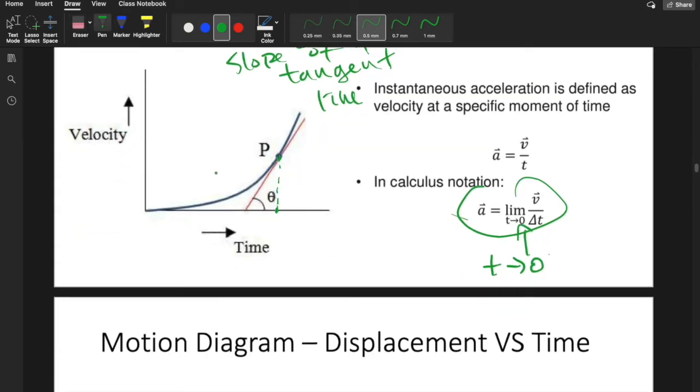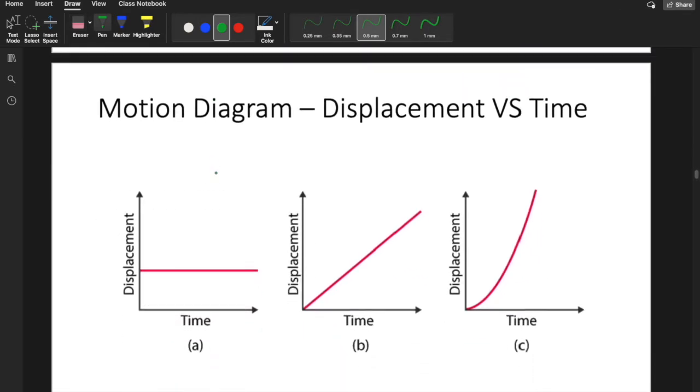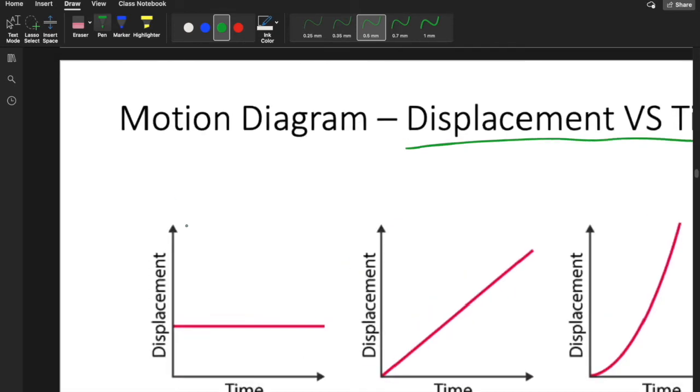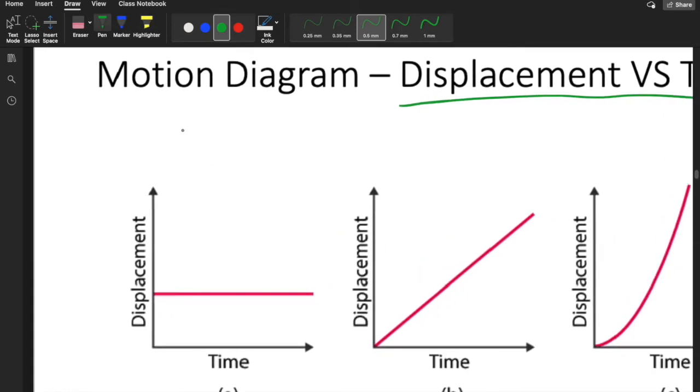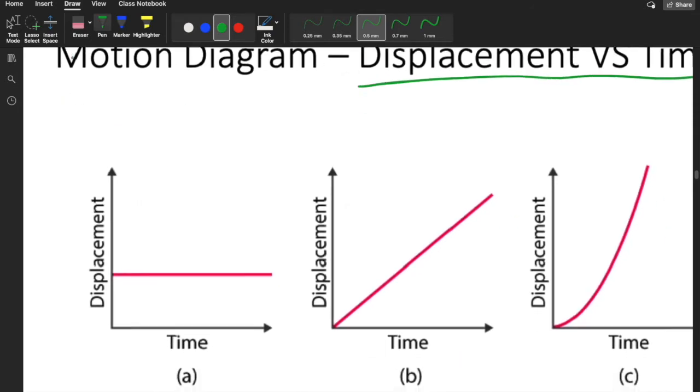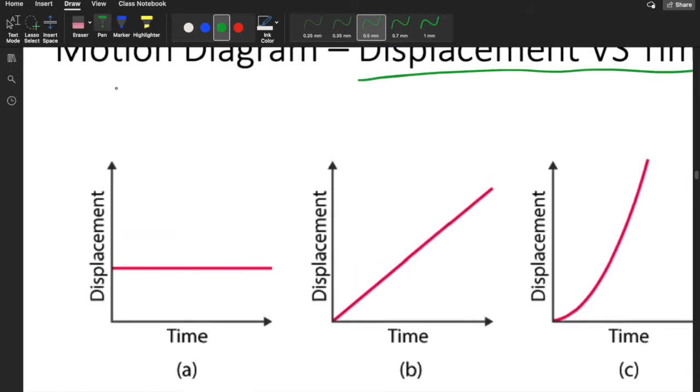Alright, so now we are going to talk about motion diagrams. The first motion diagram we are going to talk about is displacement versus time. There are 3 diagrams in this picture. So let's think about what a diagram has.